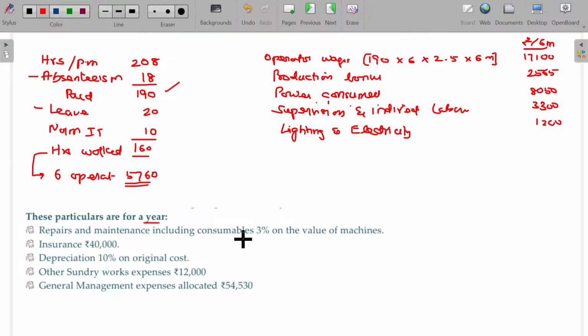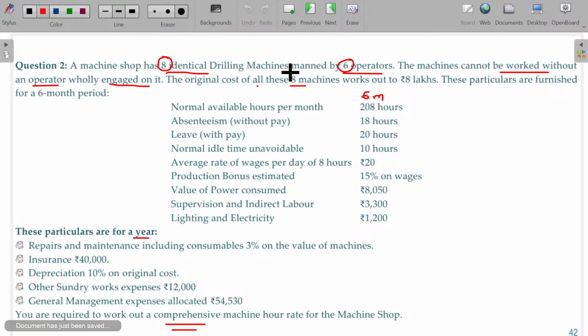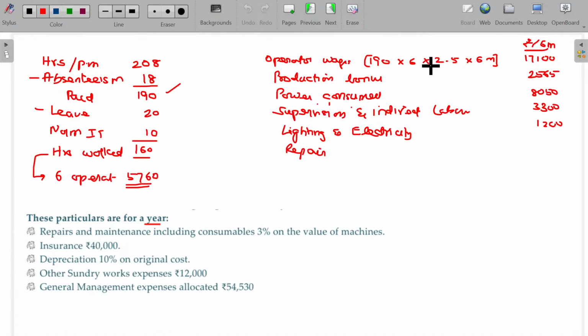Repairs and maintenance, including consumables, 3% of the value of the machine. The value of the machine here being 8 lakhs. So 3% on 8 lakhs will be calculated per year.